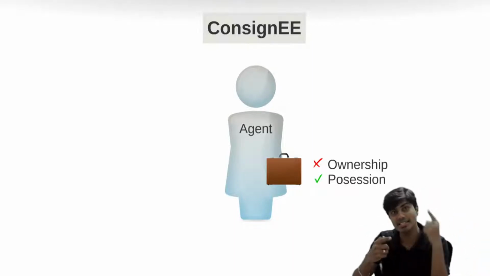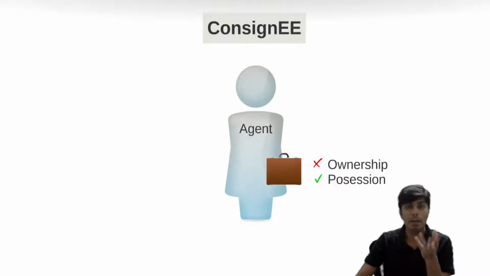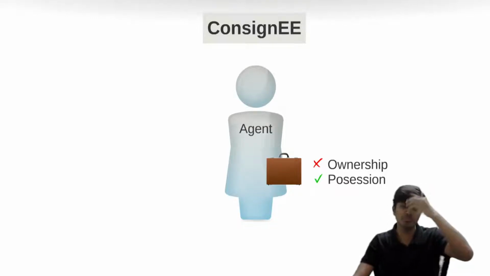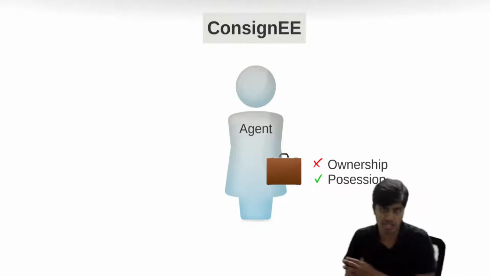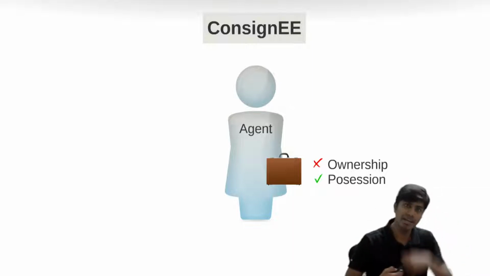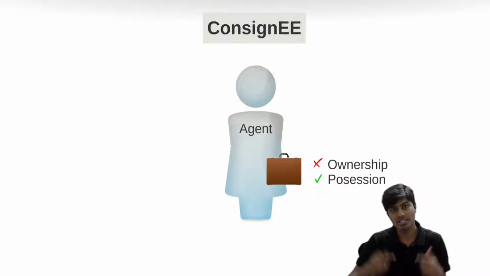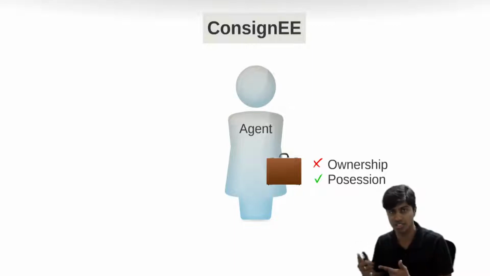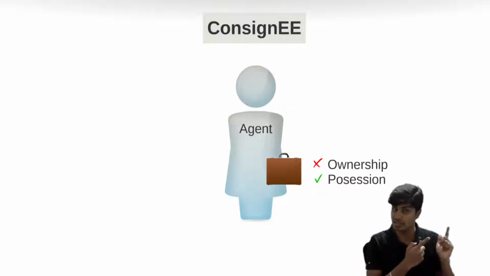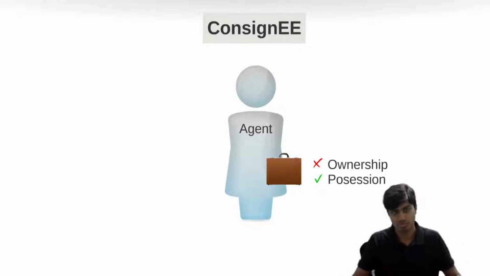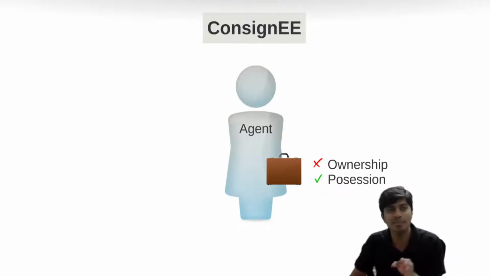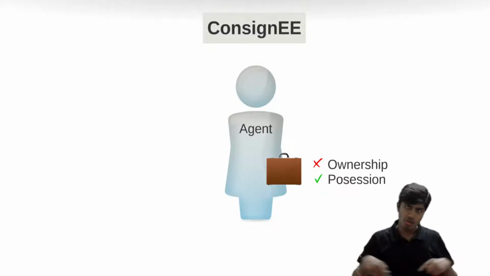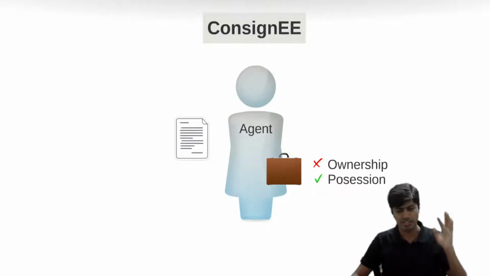So the consignee is the agent who doesn't have the ownership but had the effective control or possession, who has executed the instructions given to him or her by the consignor. And once the consignee executes these instructions, he is reporting back to the consignor as to what he did, at what rate he sold, all these details. So the consignee will prepare a document which will comprise details of all the sales.